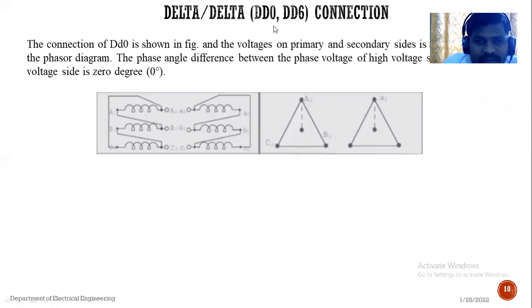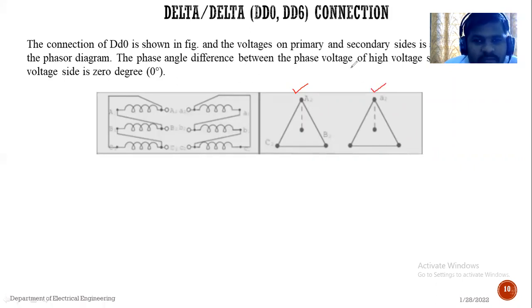The primary winding of the transformer can be connected in delta. Also the secondary winding of the transformer can be connected in delta.